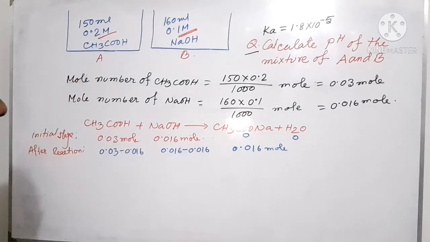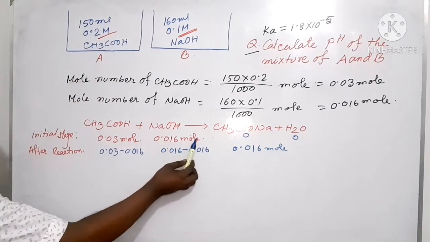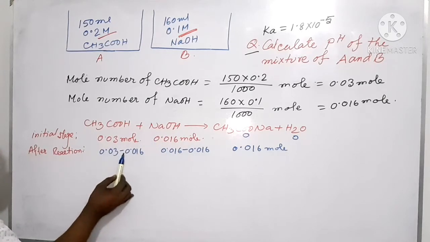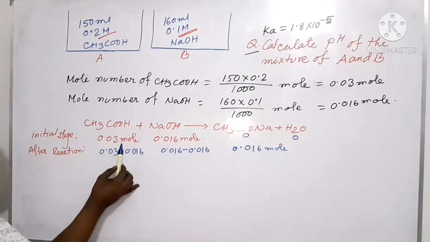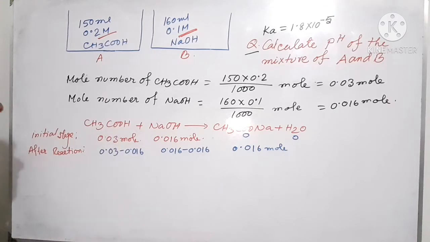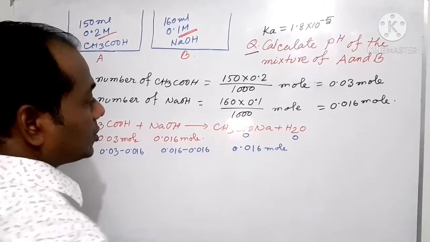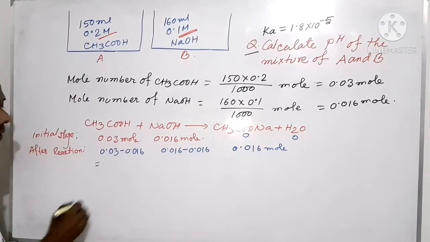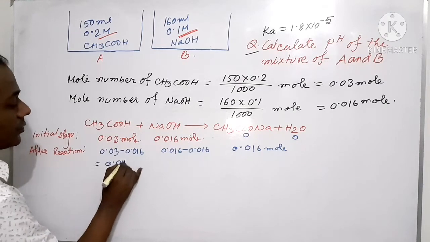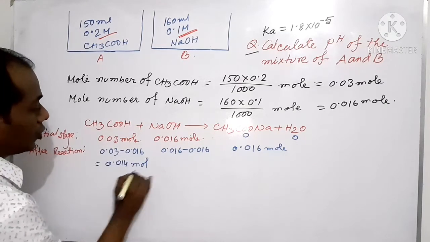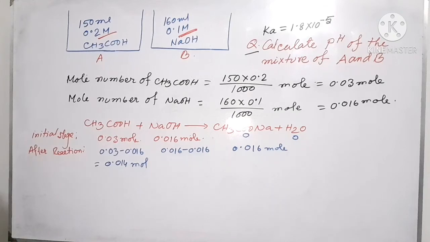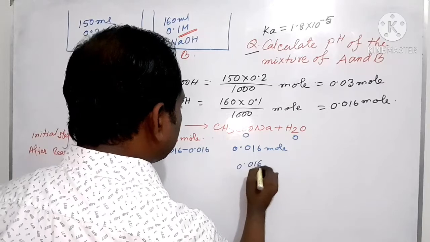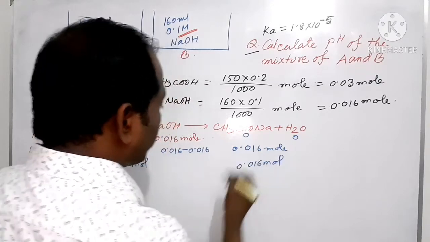But after reaction, 0.016 mole sodium hydroxide reacts with 0.016 mole acetic acid, and it produces 0.016 mole sodium acetate. So here we get 0.014 mole acetic acid after reaction, and 0.016 mole sodium acetate.